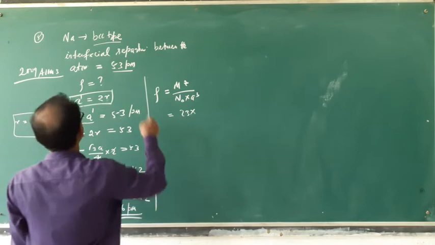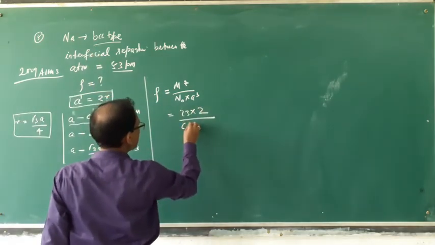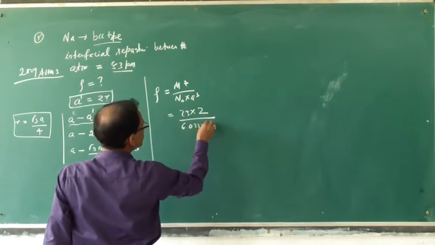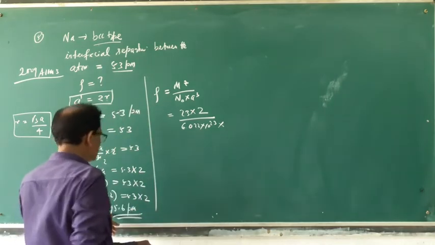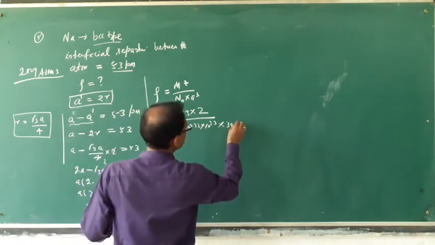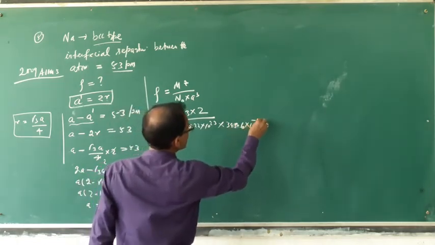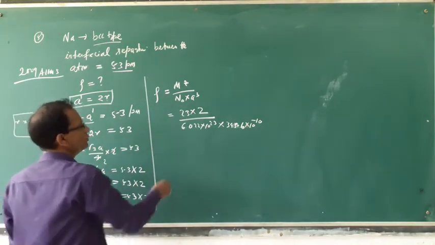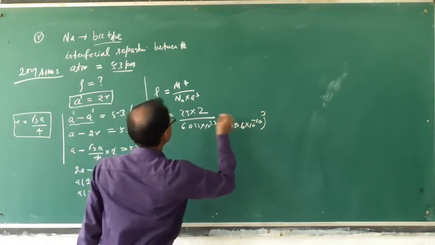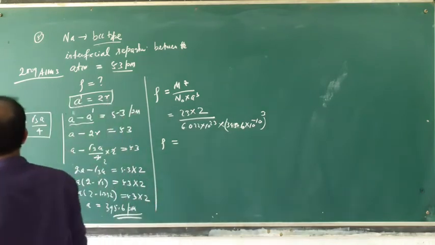As BCC, Z value 2 into N0 6.022 10 to the power 23 and A value calculated 395.6 into 10 to the power minus 10, because picometer equal to how much centimeter? 10 to the power minus 10 centimeter will be multiplied. Then whole cube. If you solve it, density will be, try to solve it.